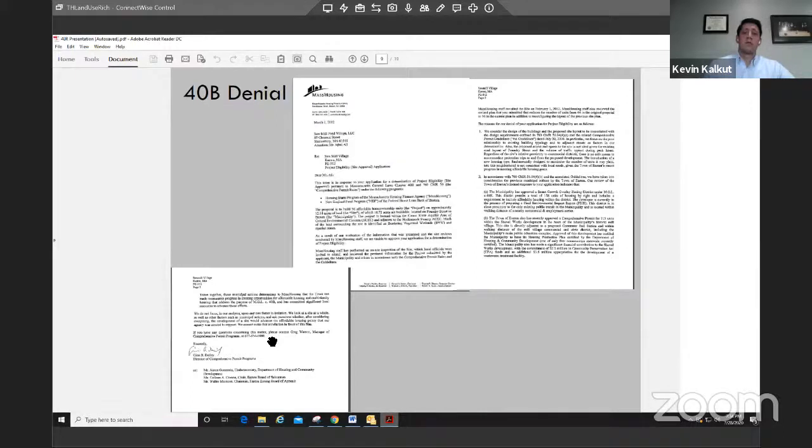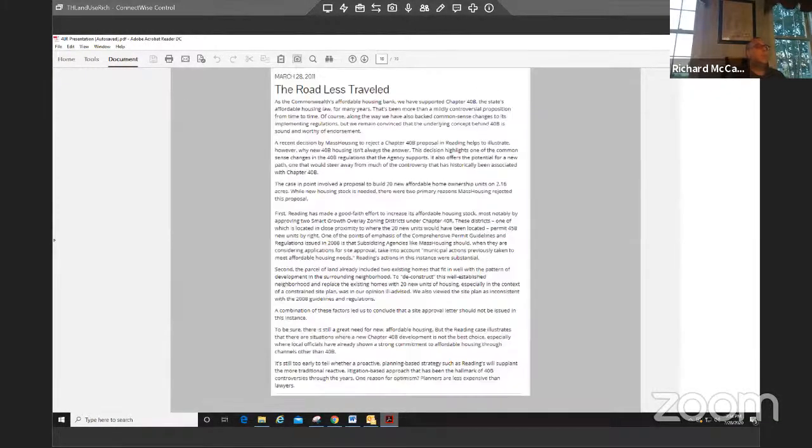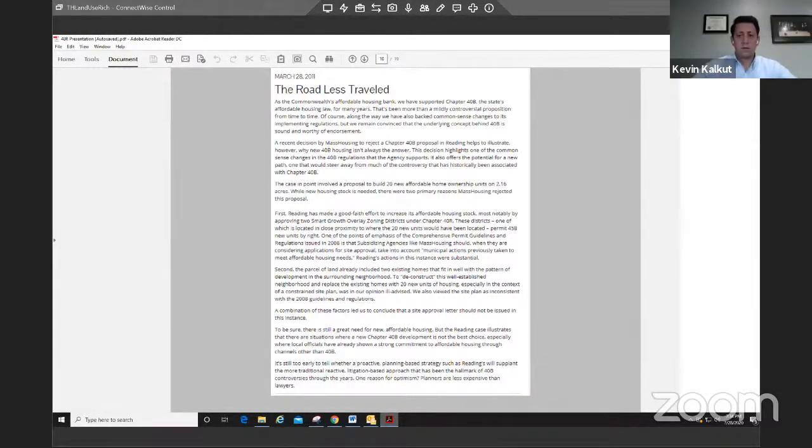The next one, again, was from the Department of Housing and Community Development website. This happened to be in Reading, where they denied a 40B. So I think there certainly is value to the town in having that in place.